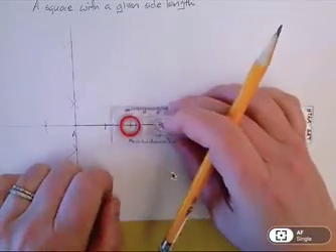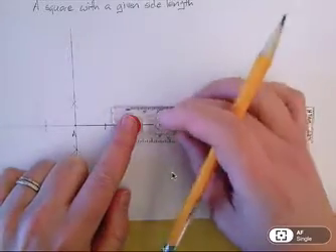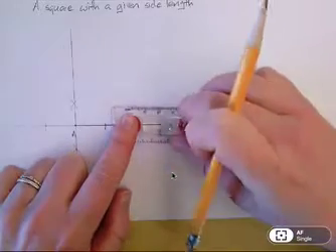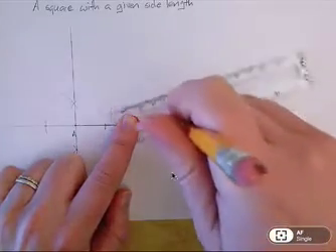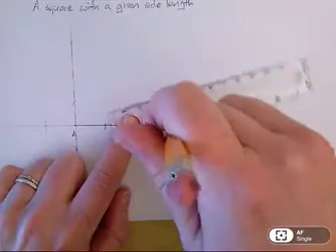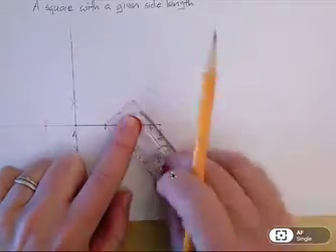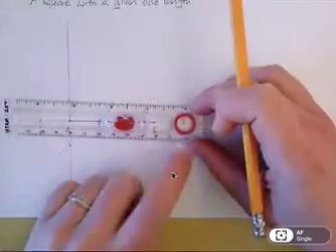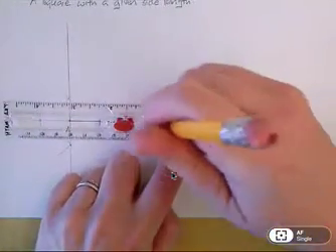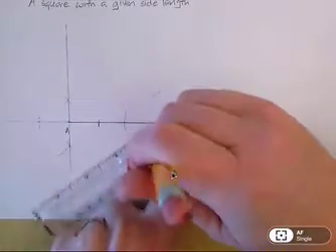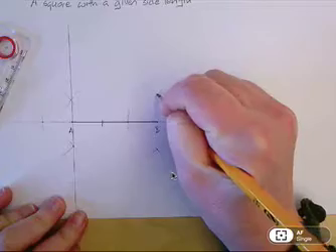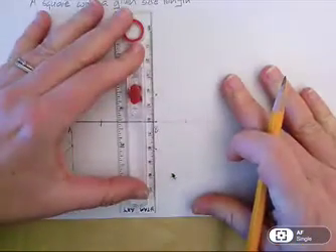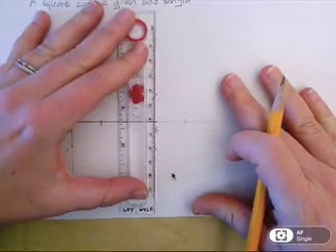I'm going to put my compass on this point here, open it up so it's past B, lock it down, go up top, go below. I'm making my perpendicular bisector. Up top and below. Now I can connect these and I will have a perpendicular bisector.